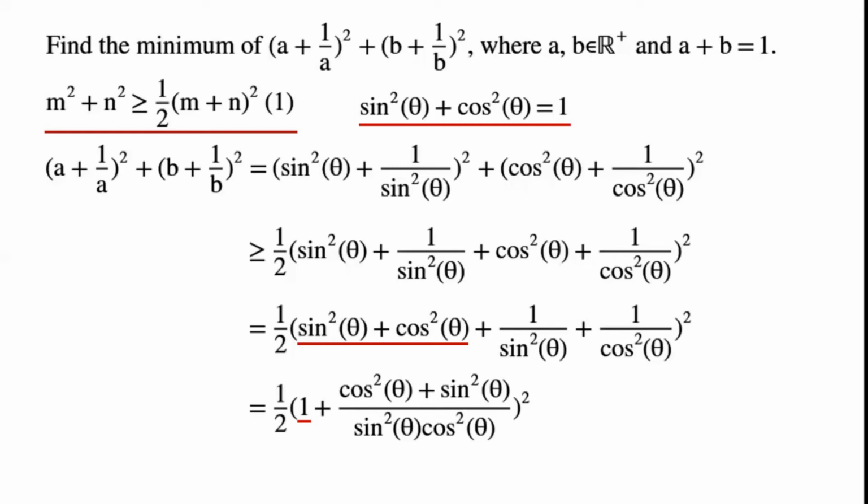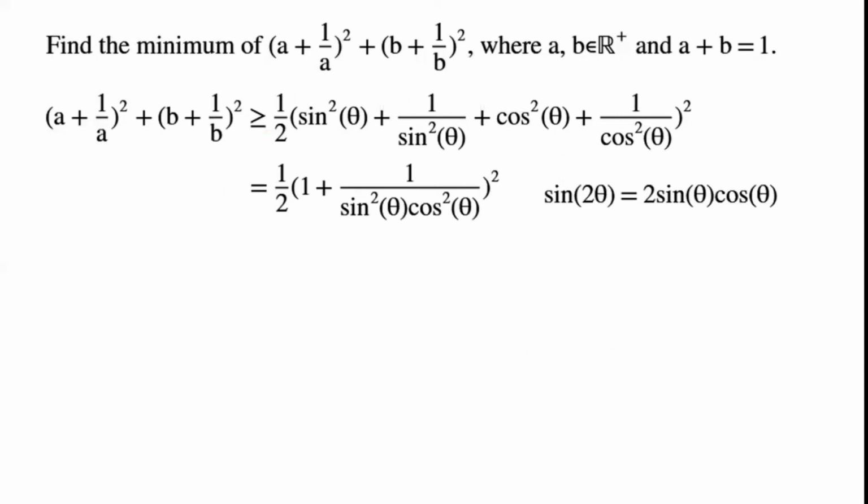1 over sine squared theta plus 1 over cosine squared theta can be written as (cosine squared theta plus sine squared theta) over (sine squared theta cosine squared theta). Again, cosine squared theta plus sine squared theta equals 1.